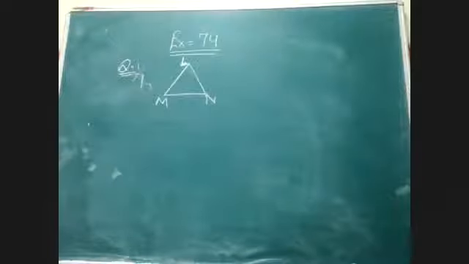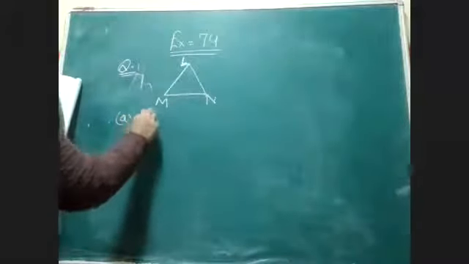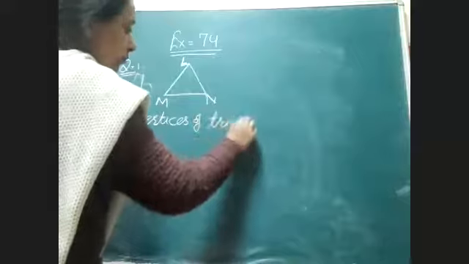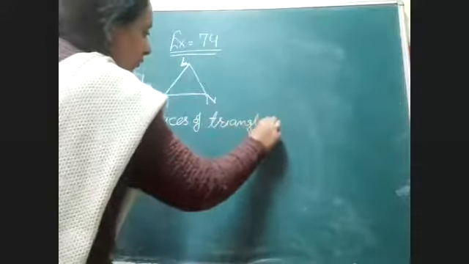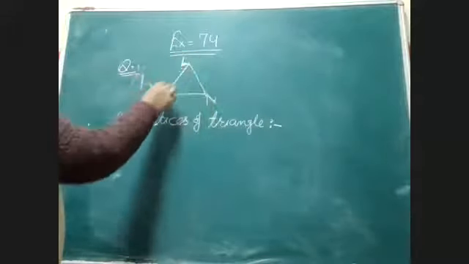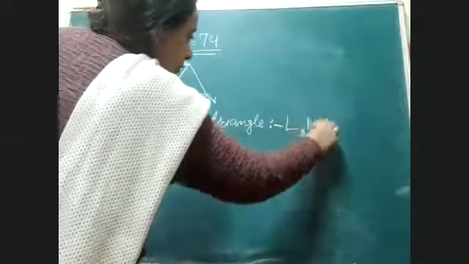Now, in the given figure, name part A, the vertices of the triangle. The vertices of the triangle are L, M, and N. These are the three vertices.